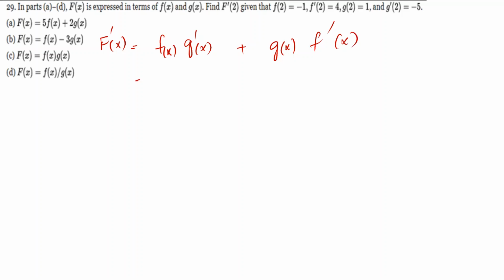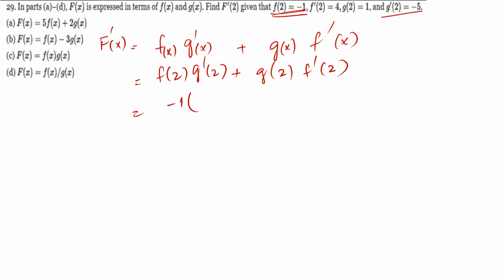Wherever we have x, we will replace it by 2, as they are asking us to read all the values when x equals 2. So f of 2 equals -1. G prime of 2 is -5. G of 2 is 1 and f prime of 2 is 4. So 5 plus 4 gives us 9.